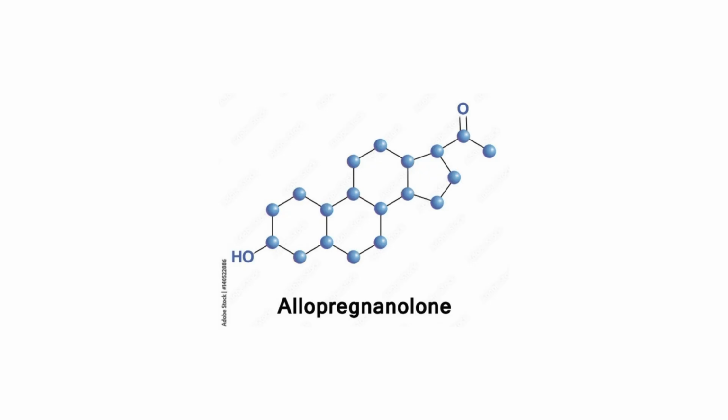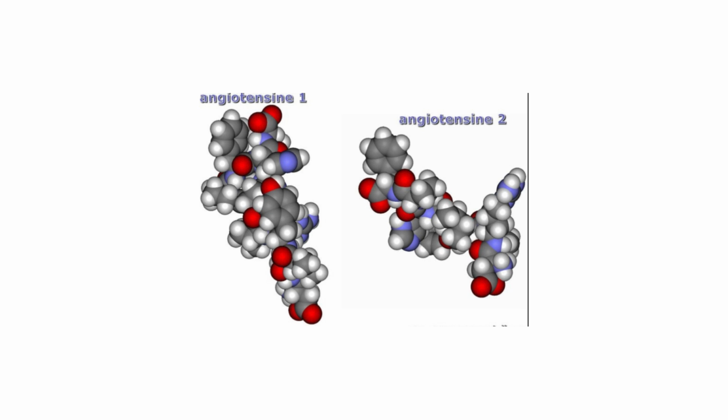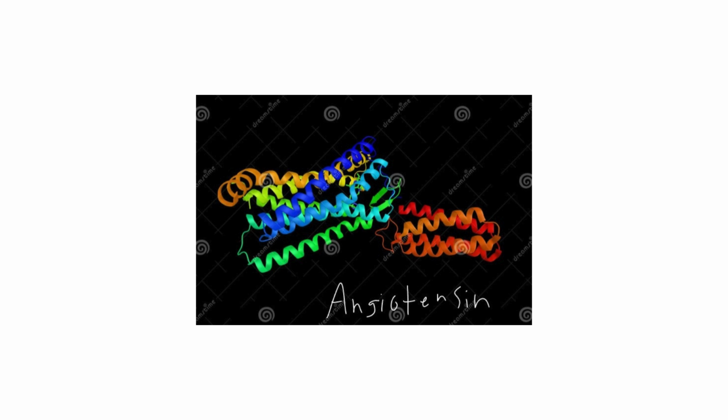So for this video, we are going to the last neurotransmitter, arginine vasopressin. The acronym for that is AVP. What it does is it handles water retention and blood pressure regulation.